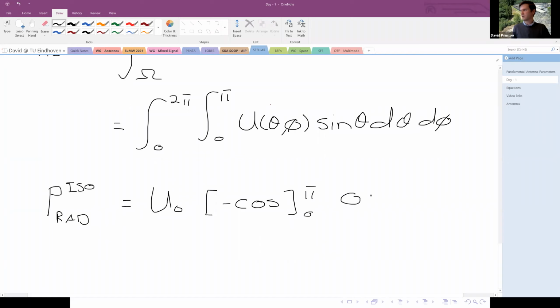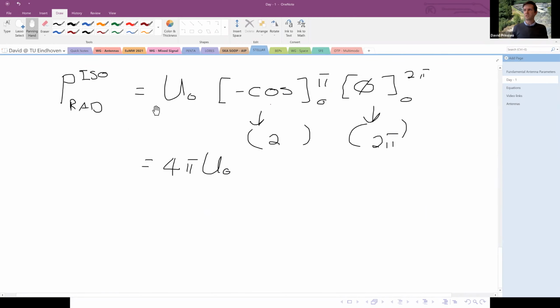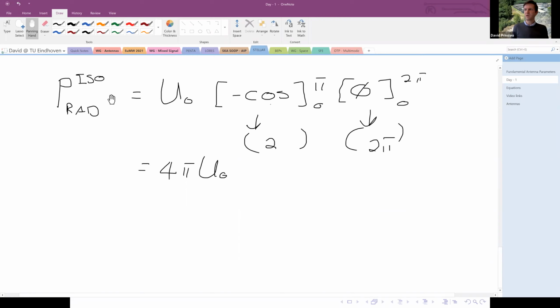And we've got phi, which is integrated from 0 to 2 pi. So this results in 2 pi. If we calculate this, we get the factor 2. And the answer is 4 pi U0. This is a very important result that we will be using in our future definitions as well. So the total power radiated by an isotropic radiator is 4 pi multiplied by the radiation intensity of that radiator.